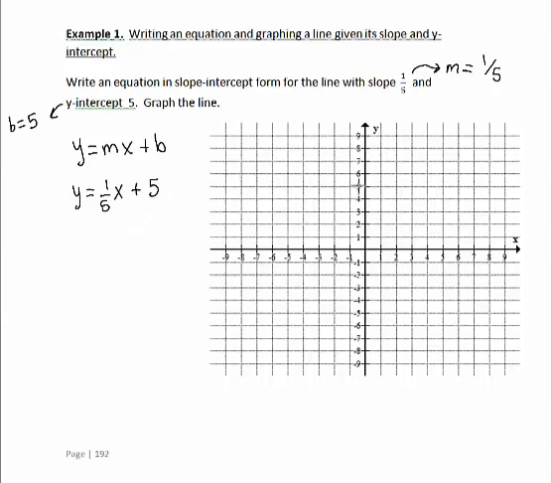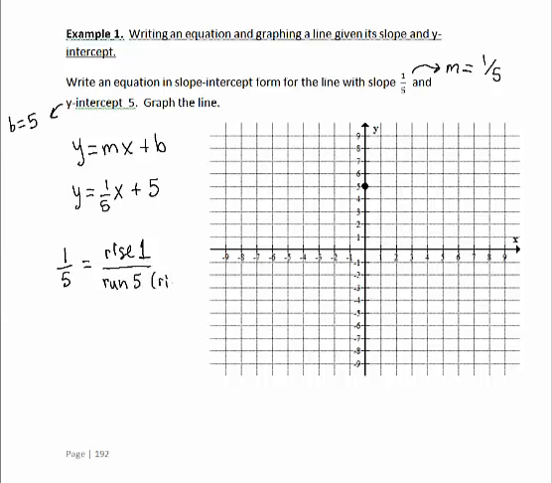If we want to graph it, then we locate our y-intercept first, and from there we follow the directions of the slope, which is to say, with the slope of 1/5, we have a rise of 1, which means we go up 1 since 1 is positive, and we run 5, and since the 5 is positive, that indicates that we go to the right.